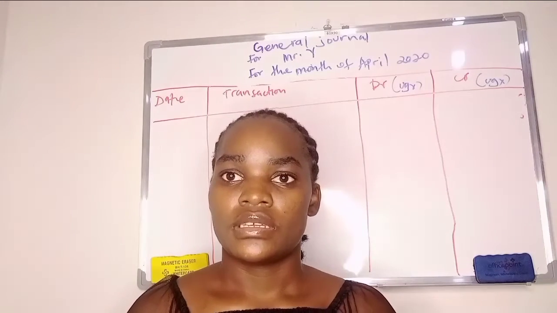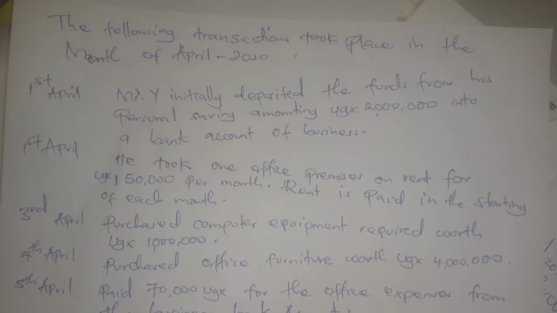So let's start with transaction 1. April 1st, Mr. Y initially deposited funds from his personal savings account amounting to 2 million into the bank account of the business. So Mr. Y got money from his savings account, which was 2 million, and deposited it into the bank account of the business.